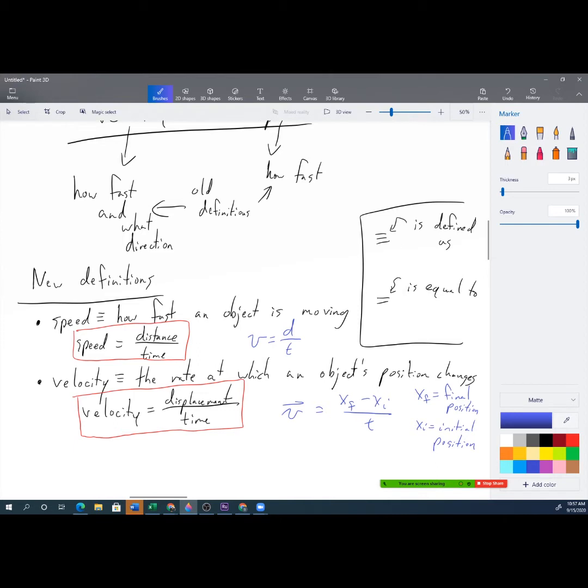So when I switch to shorthand, just so I don't have to write out the words over and over and over again, this is how I'll write things out.